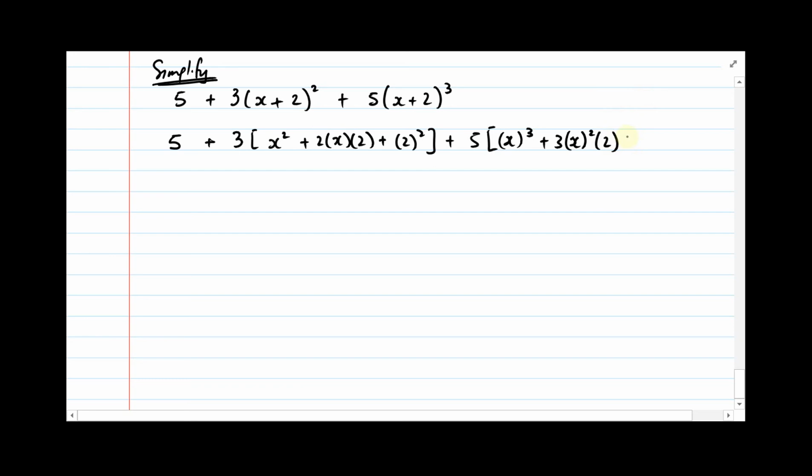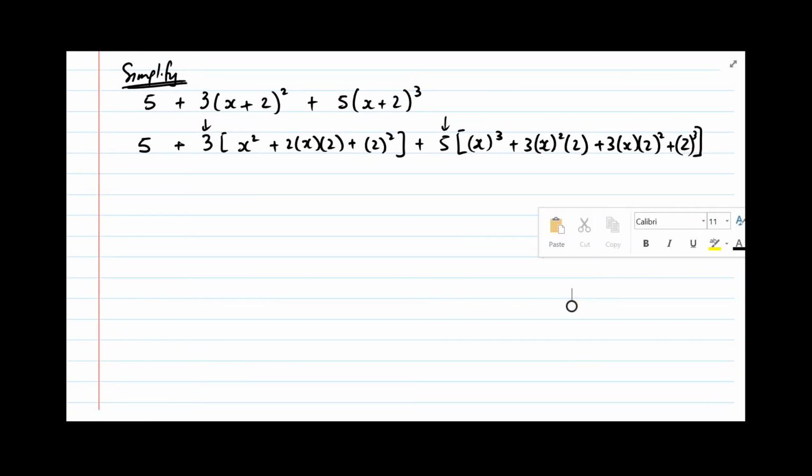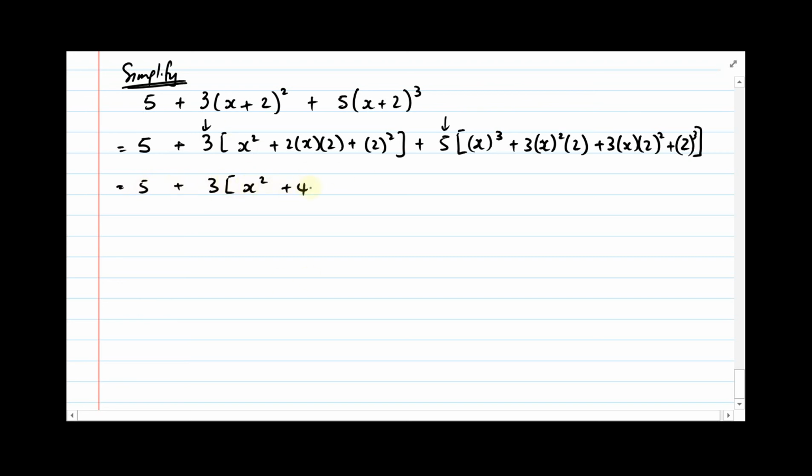Perfect cubes and perfect squares. Because of the factors of 5 and 3 here, I will have to be a bit careful, and this is why I'm coming down. Simplify.